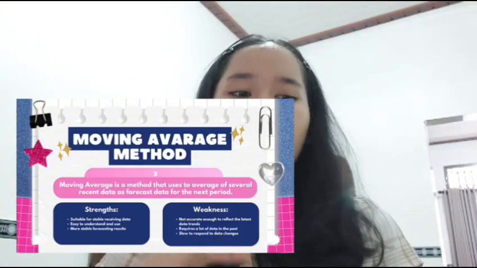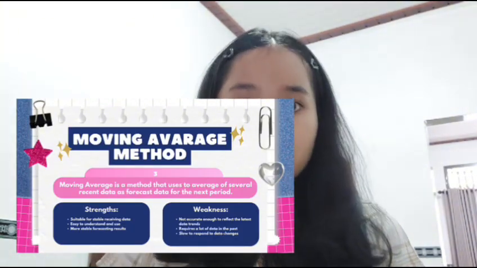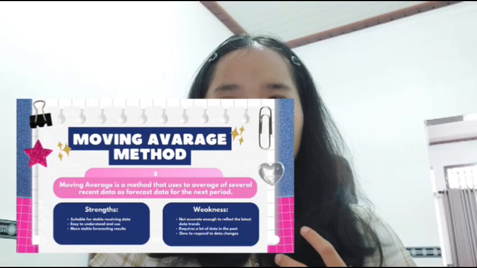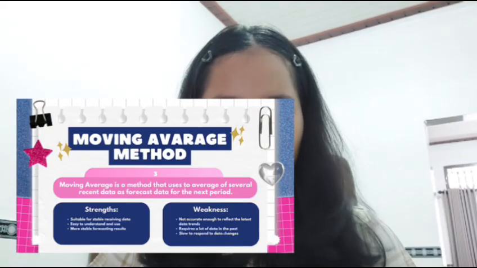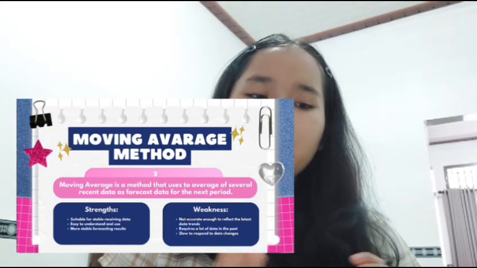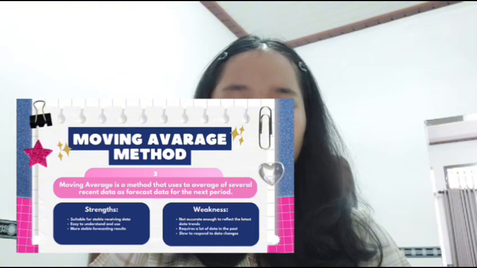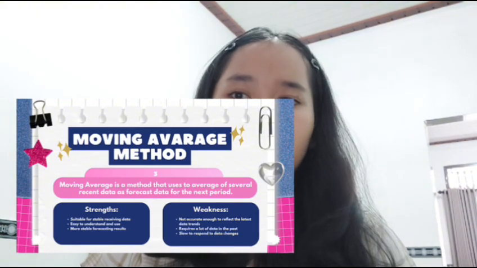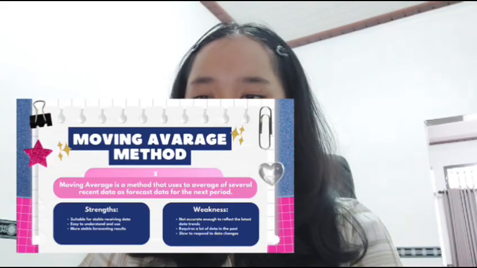We need a lot of past data to make it more accurate, and the data can sometimes be affected by conditions.